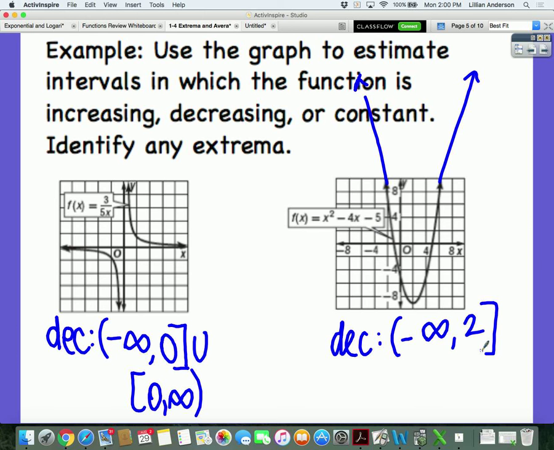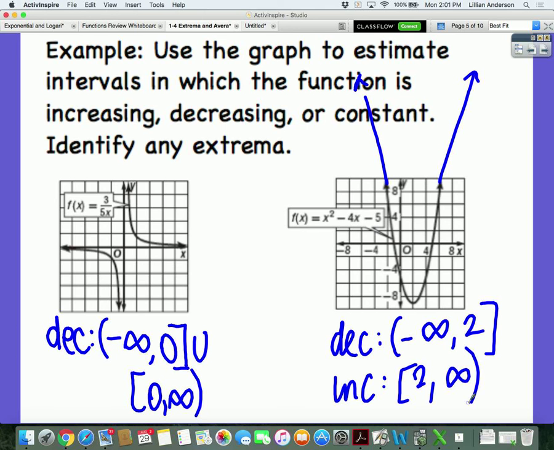So what's happening after 2? From 2 to what? Infinity. The one thing that could really trip you up is if you try to read it based off of the y's. It's always based off of the x's when you're increasing and decreasing and constant.